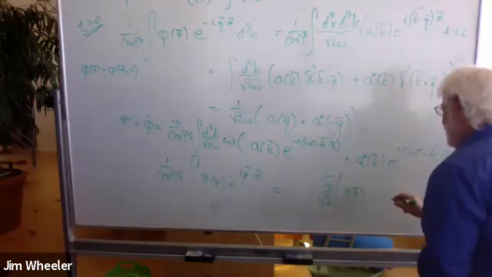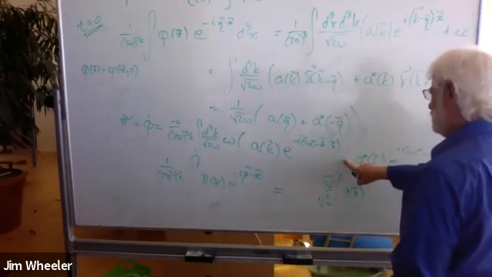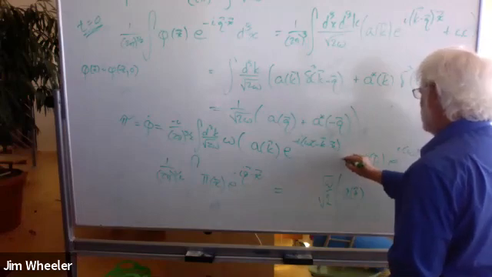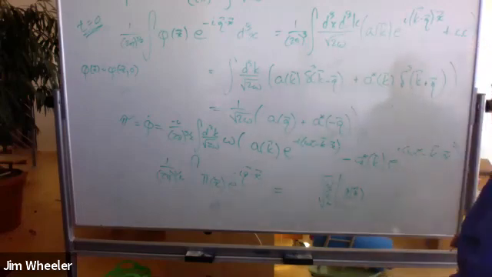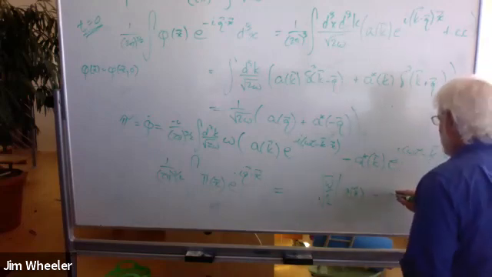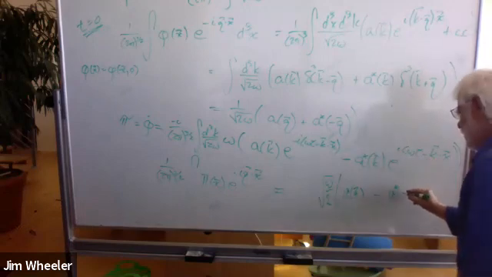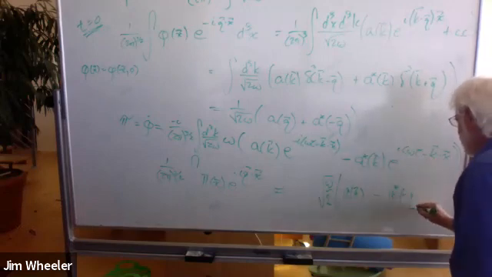Then this one, let's see, this is minus. Yeah, so we're going to get minus A conjugate, and then it's minus k minus q, so we're going to end up with a minus q here.